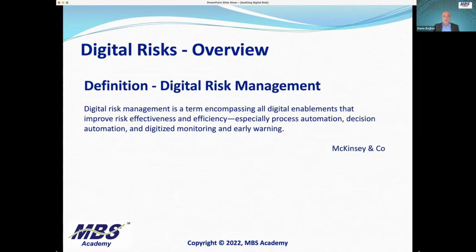Now, digital risk, looking at the McKinsey and Co. definition, digital risk management is a term encompassing all digital enablements that improve risk effectiveness and efficiency, particularly things like process automation, decision automation, digitalized monitoring and early warning.